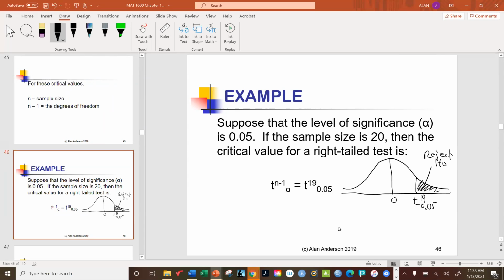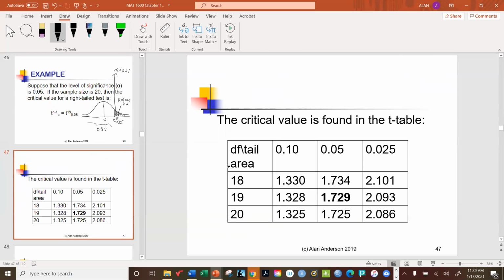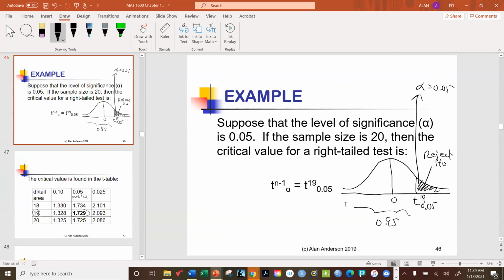And also we note that the area in here equals 0.05. The remaining 95% is down here. Now, we can look this up in our tables. So with 5% in the right tail and 19 degrees of freedom, the critical value is 1.729.